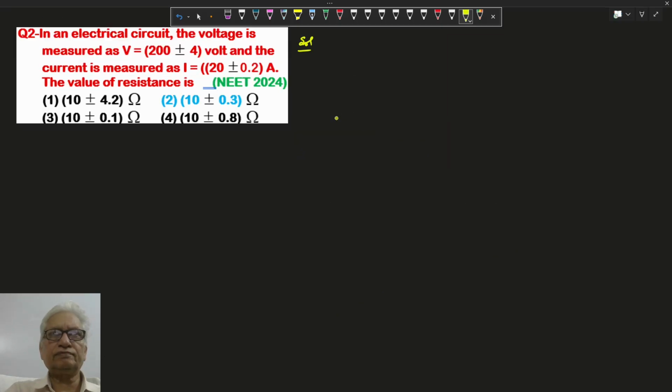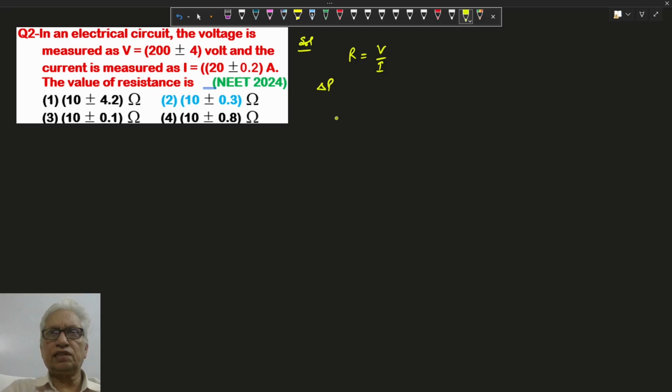In this question, in an electrical circuit, voltage and current are there. Resistance we know is V by I, and we take the log and differentiate.